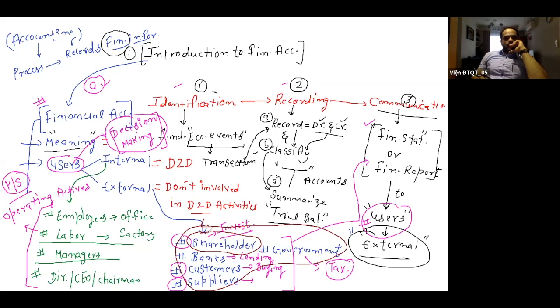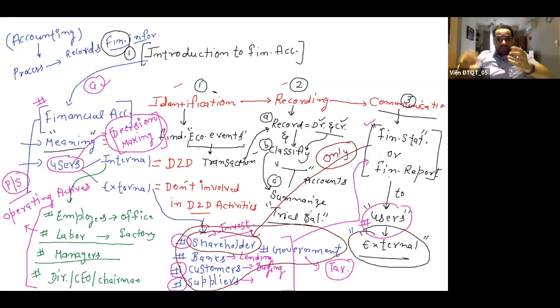But when we prepare financial statements, if we focus only on shareholders, then in the financial statement we mention information which belongs only to shareholders. It doesn't belong to other people, such as suppliers or customers.